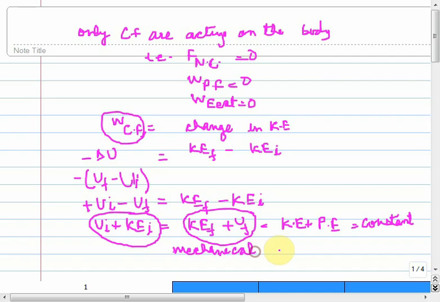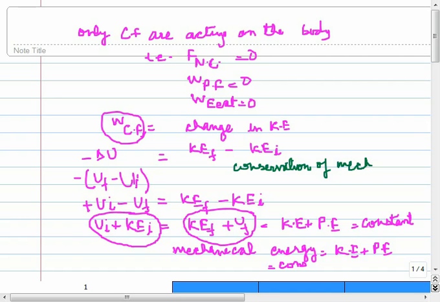Mechanical energy is equal to KE plus PE, and now we have shown that for conservative force only acting, this is constant. This is called conservation of mechanical energy.